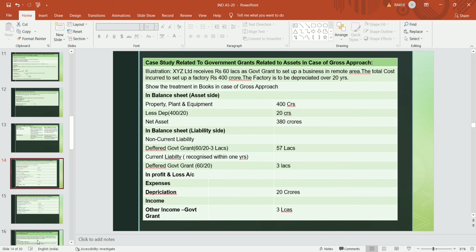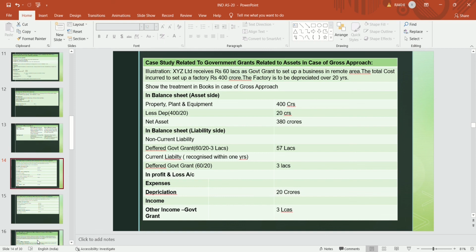3 lakhs is the current liability because 60 divided by 20 is 3 lakhs per year of deferred income, which is recognized within 1 year. So the 1 year liability is 3 lakhs, and other than that, it is for the remaining years. The 3 lakhs recognized within 1 year is the current liability, and the rest is non-current liability.